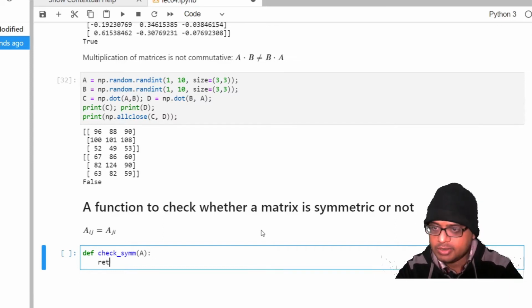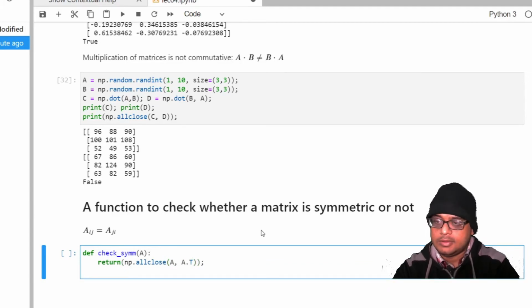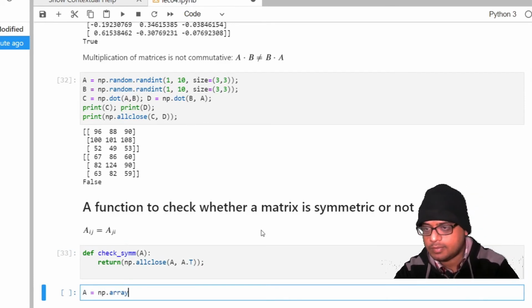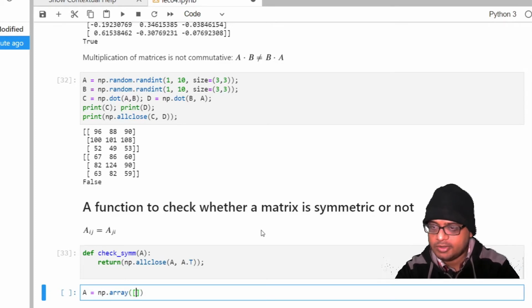So it will simply return np dot allclose A and A dot T. That's it. So let me run this cell. Let me declare an array, a matrix.